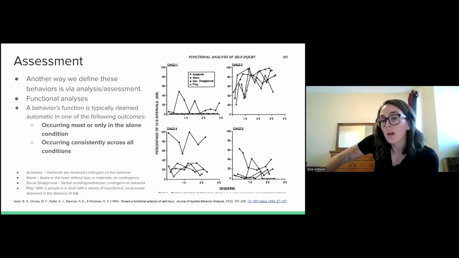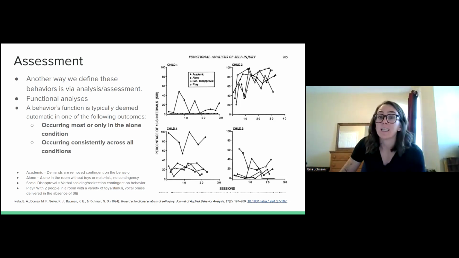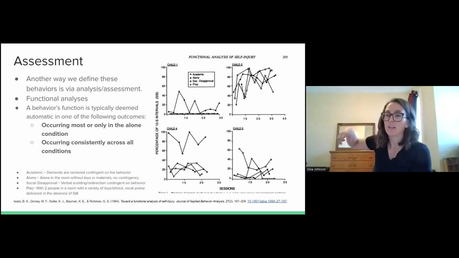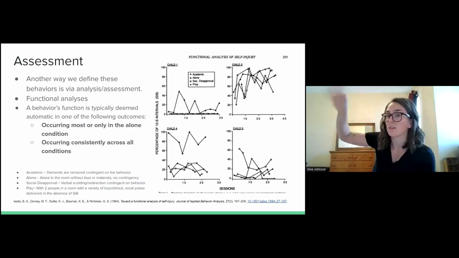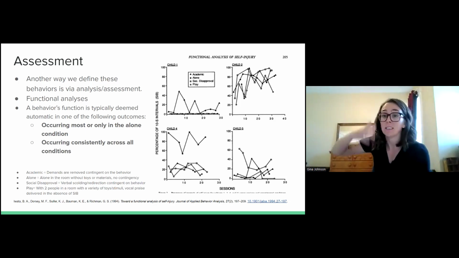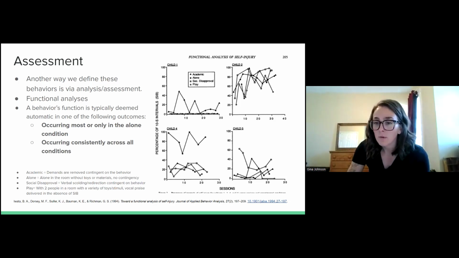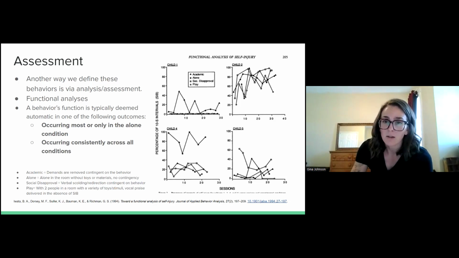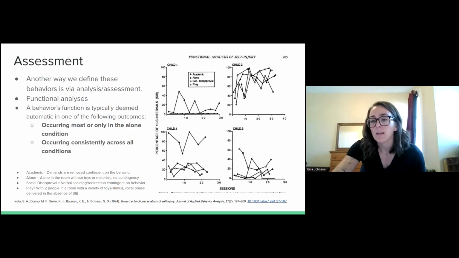Child number 2 in the upper right-hand corner, you can see that the behavior is happening undifferentiated, as we refer to it. It's just happening kind of randomly and consistently across all the different conditions. And then child number 5, there's a little bit of differentiation there. You can see social disapproval, that bottom right-hand corner.